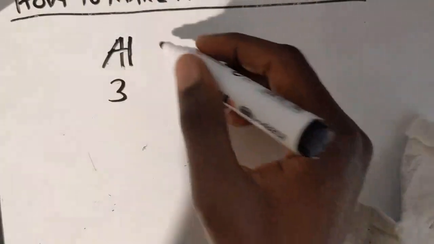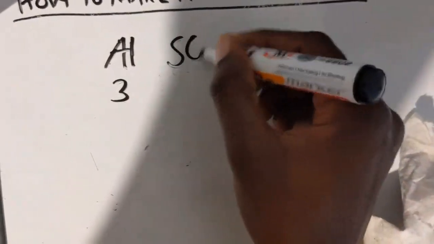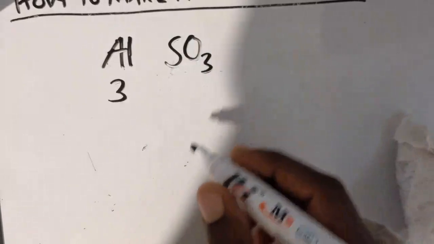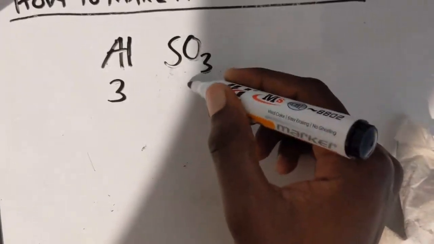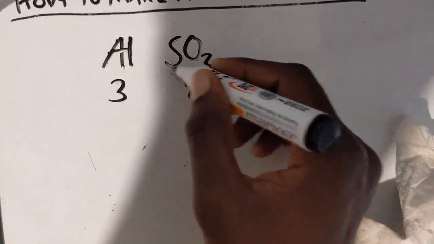Sulfate is written like this, SO3. Sulfate has a valence of 2. The 3 is part of the formula, so that is what you need to know.